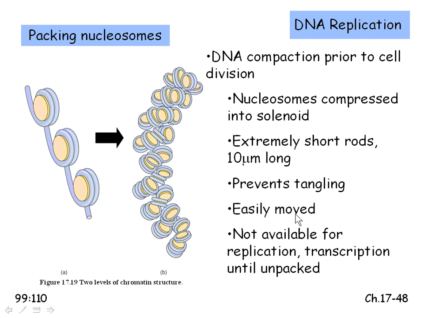Also, it's easy to move something that's shorter than something that's really long. When it's compacted like this, though, the DNA is not available for replication or transcription. So after cell division occurs, this solenoid has to be unpacked, basically, before any of these cell processes can occur.